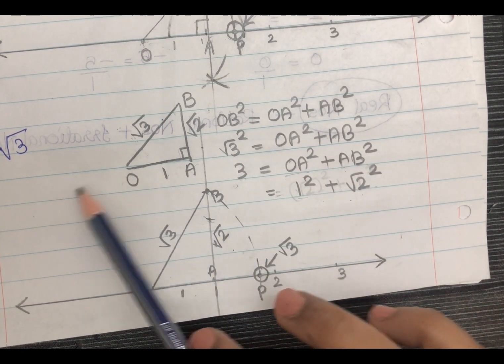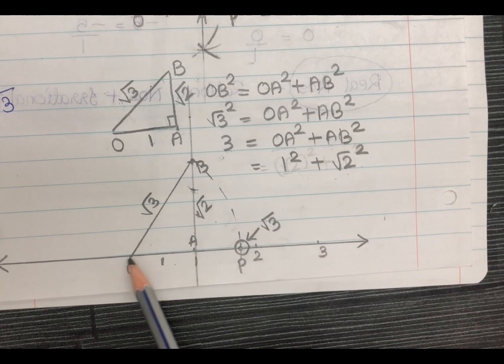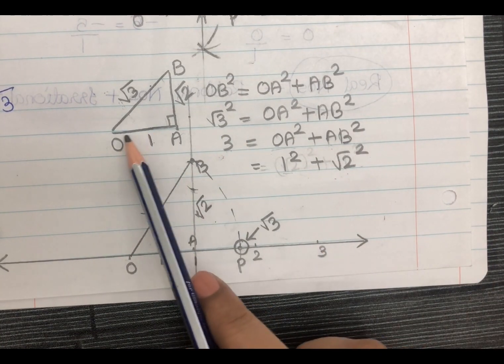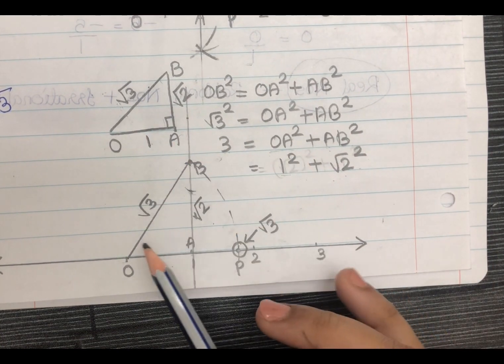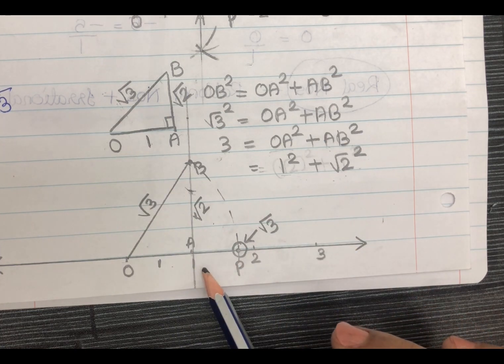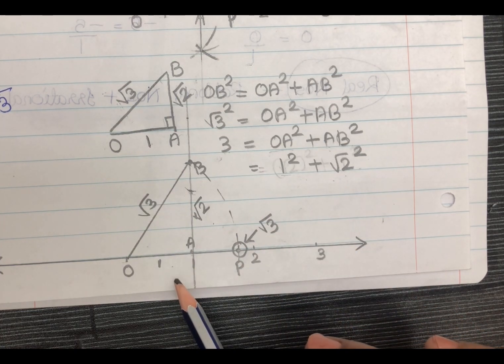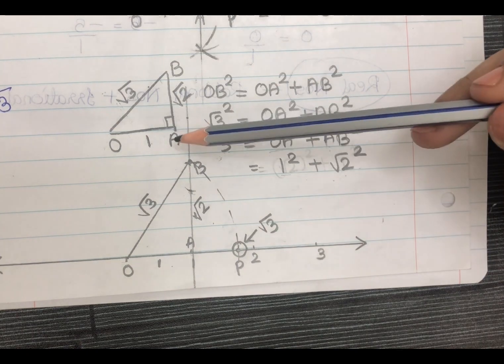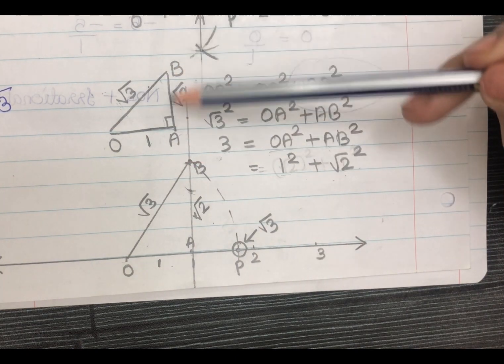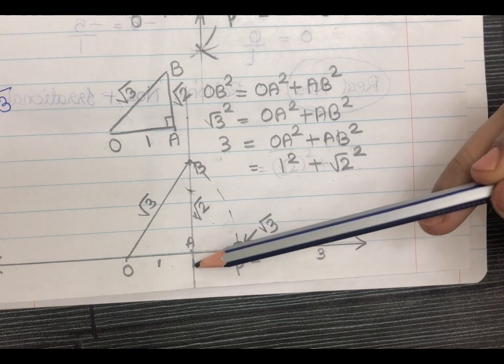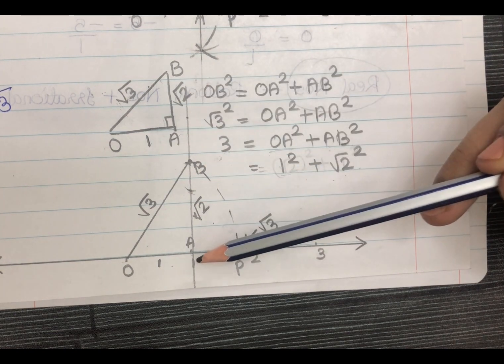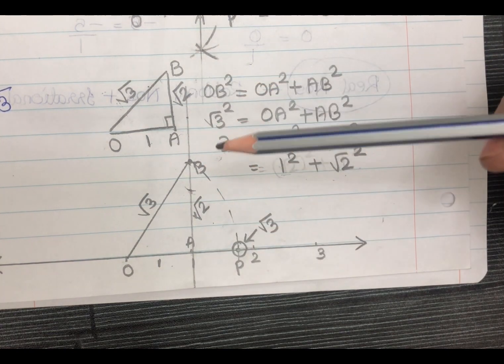So first on the number line mark the origin, and OA we have taken as 1 unit. We draw a perpendicular line at A by using a compass or a protractor, your choice.